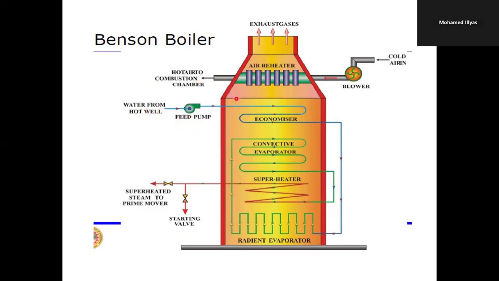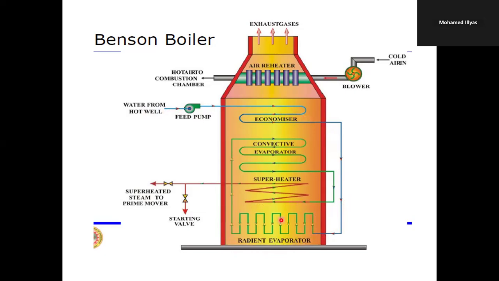If you see the arrangement in the Benson boiler, we'll have feed water, so that will be supplied to the economizer. So the water is preheated and it is supplied to the radiant evaporator. So in the radiant evaporator, the heat from the hot gas is extracted. So the gas will be at an elevated temperature.